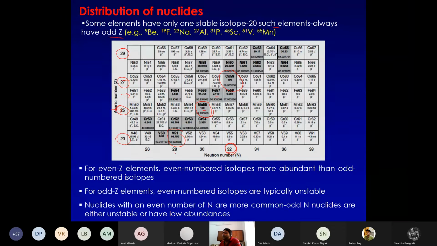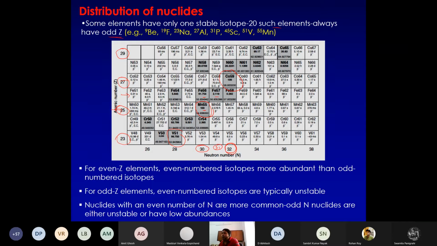Now, if you look at the abundances of those nuclides which have an even number of neutrons and an odd number of neutrons, you will see that iron 56, having a neutron number 30, has an abundance of 91.75%, whereas iron 57, which has an odd neutron number, has a much lower abundance of just about 2.119%.